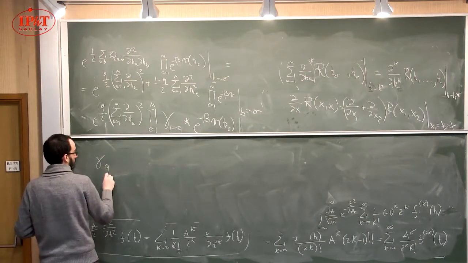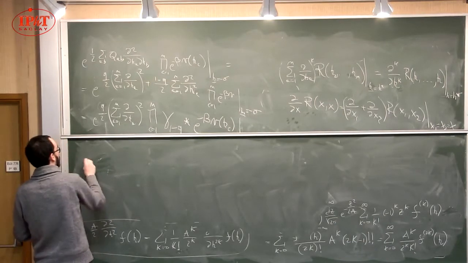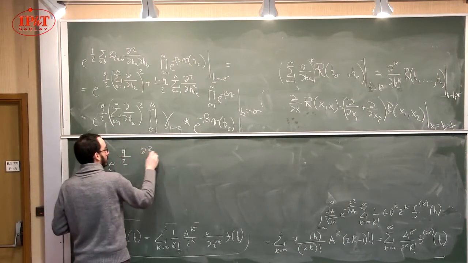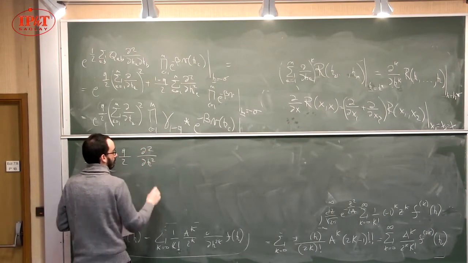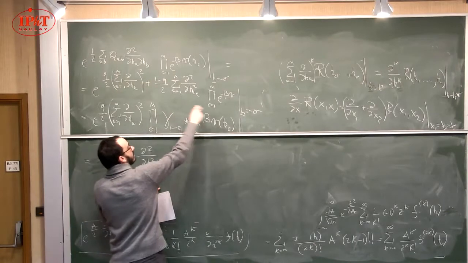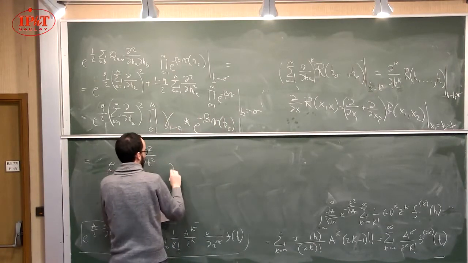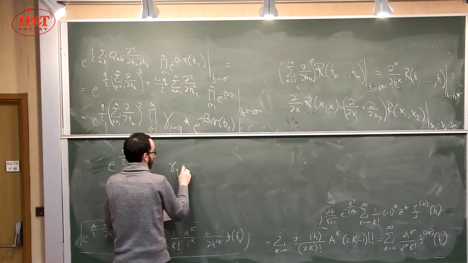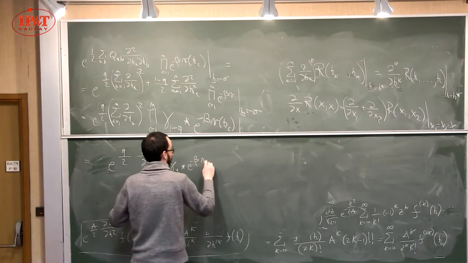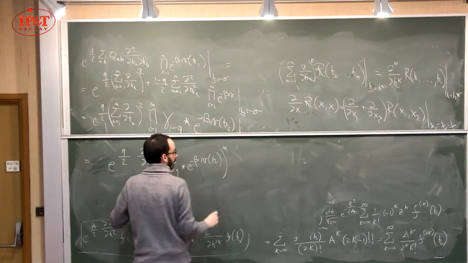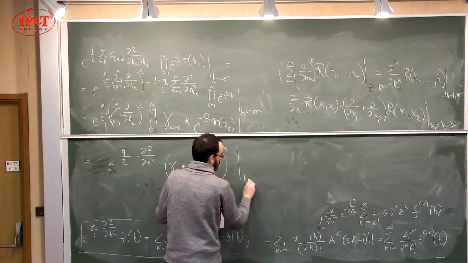gamma. So let me rewrite it this way. So I have e to the q divided by 2. Then I have this term with all the same h to the power n. And then I compute h equal to minus sigma.